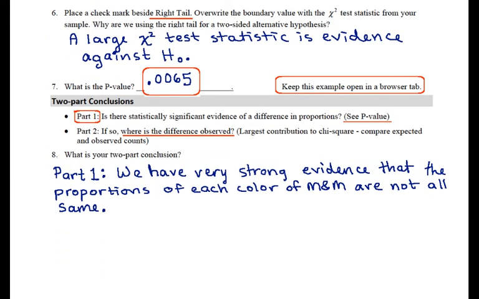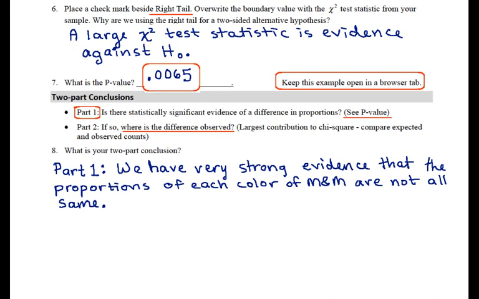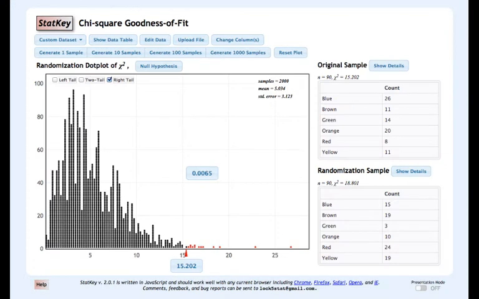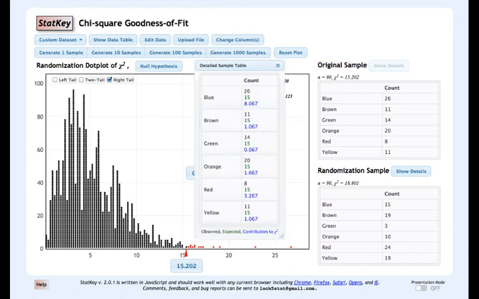Now for part two, we have to go back and look at each cell's contribution to the chi-square test statistic. For that, I am going to go back to Statkey, and right over here where it says original sample where we got our chi-square test statistic, I'm going to click on that show details button, and that brings up three values for each cell. The legend is down here at the bottom.